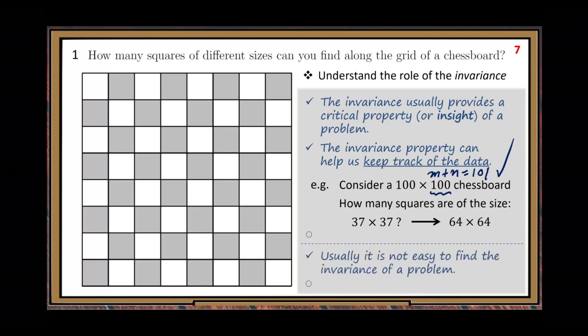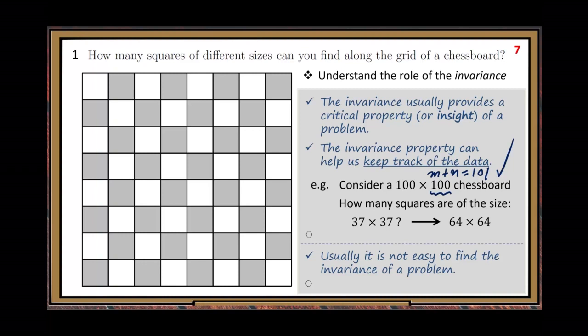Next. In general problem solving, usually it is not easy to find the invariance of a problem. Actually, it's very hard. You need to have a really good understanding of the given computing problem before you can discover some invariance property.